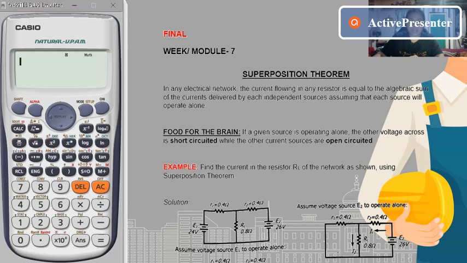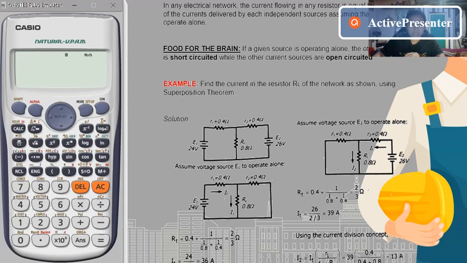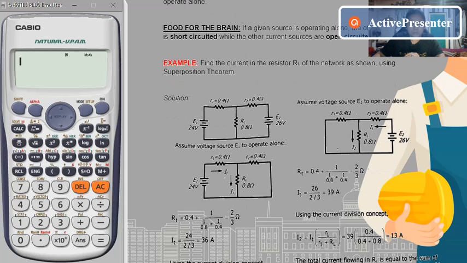So take note, if ang given source nato is operating alone, ang voltage source is short-circuited, ang current source is open-circuited.